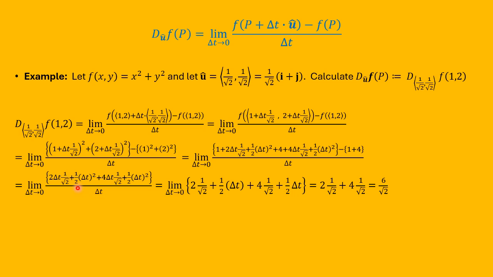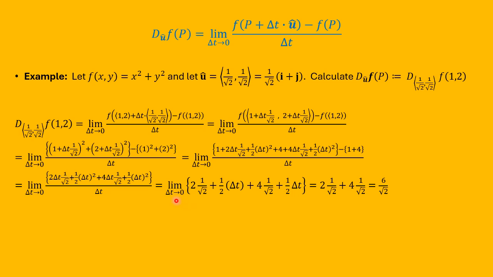If we look at this though, we have terms here, 1 term, 2 terms, 3 terms, 4 terms, all of which have at least a factor of delta t in them, and we're dividing by delta t. So dividing each of these terms by delta t, we can simplify this limit to this stuff right here.